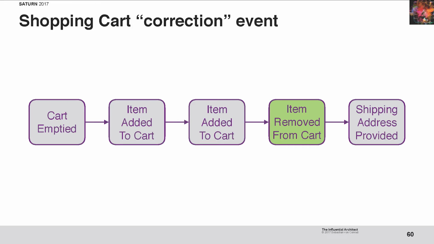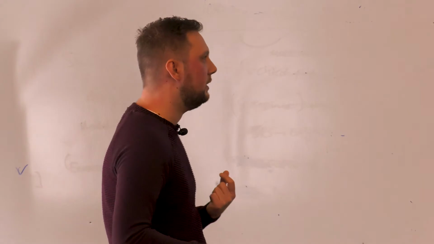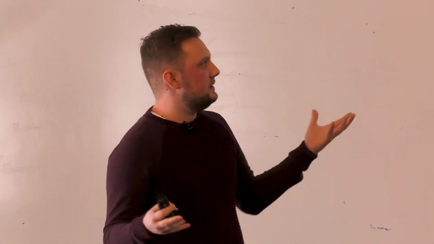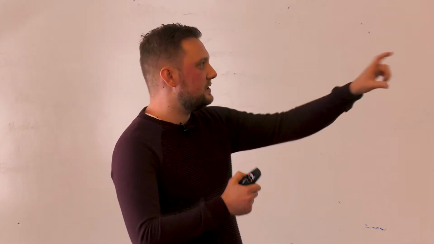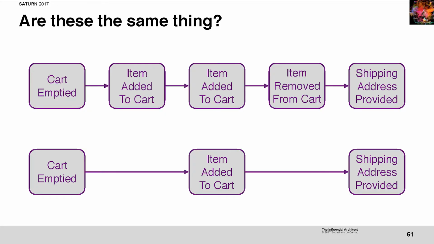In a shopping cart, we might say a person adds an item and then adds another item, and then actually I didn't want that item, so I'm going to remove that from my shopping cart. And what we end up with is a current state that doesn't include that item that was removed. Here's my question for you.